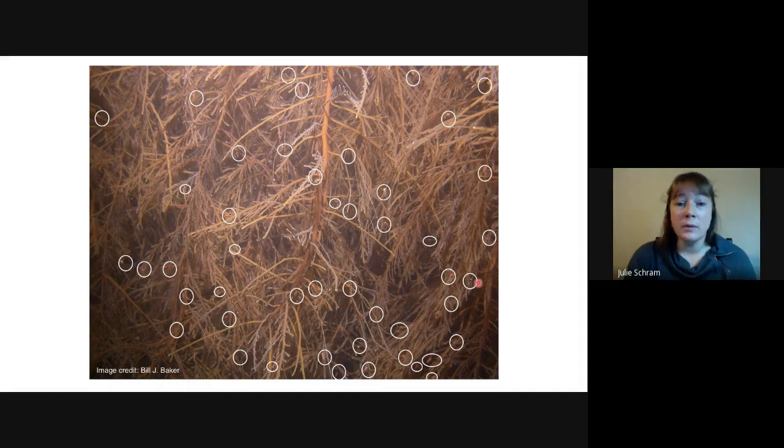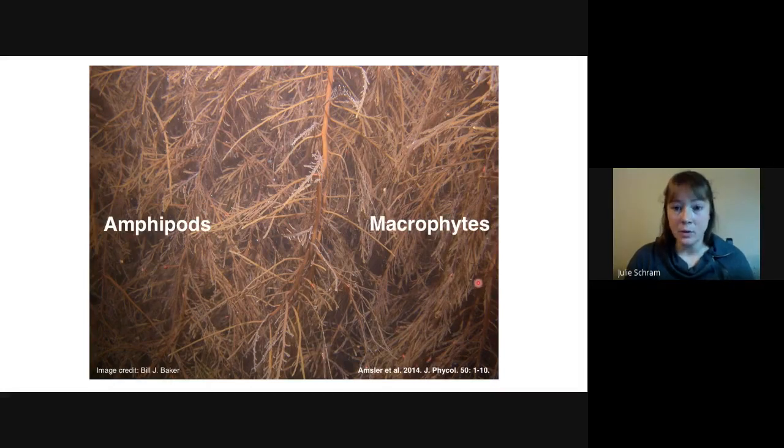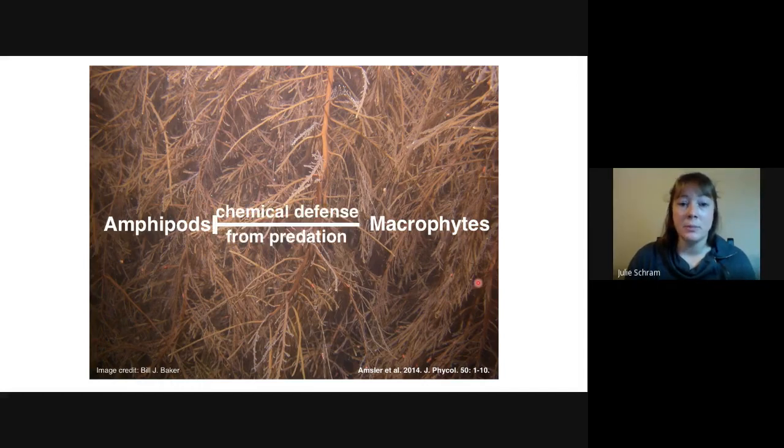These amphipods really like hanging out on the Desmarestia because it produces a lot of secondary metabolites that make it taste bad to many organisms. But the amphipods are not actually consuming these big macrophytes. The seaweeds are producing chemical defenses to protect themselves against predation or consumption by the amphipods.